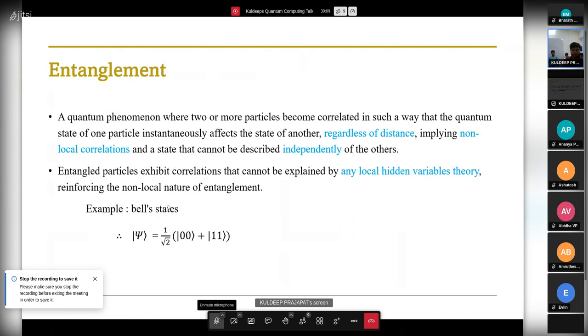Let's suppose you have two particles A and B, and they are entangled.